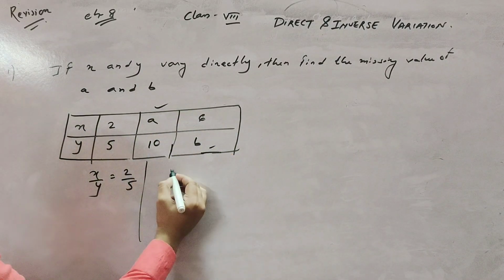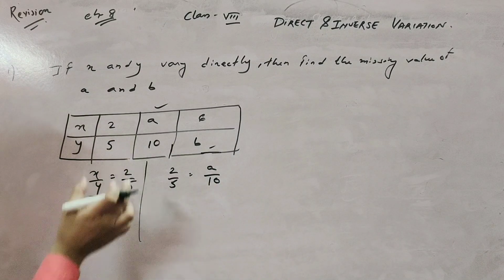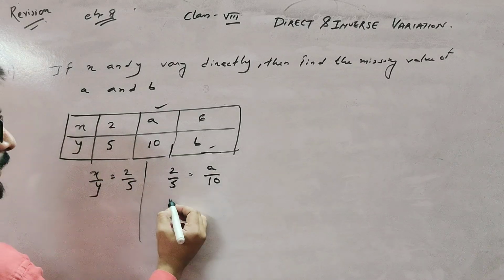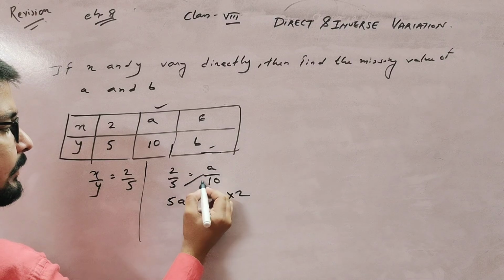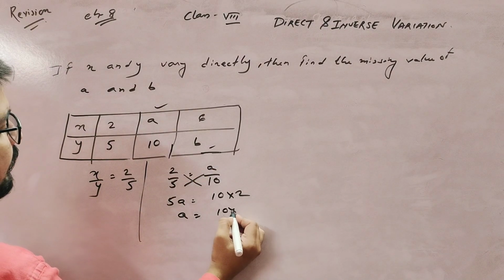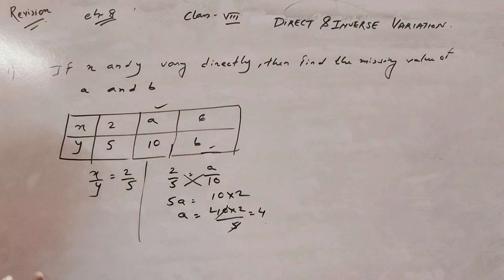How? We know that 2 by 5 equals a by 10, because this portion is directly variable. So we calculate the value of a. 5 into a equals 10 into 2, cross multiply, so a equals 10 into 2 by 5, so 2 fives are 10, and the value of a is 4.